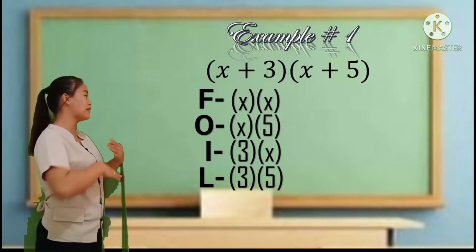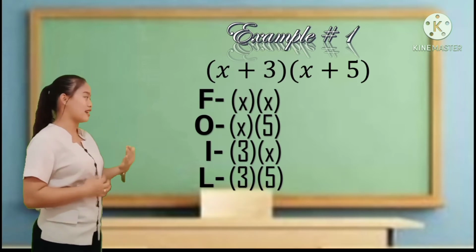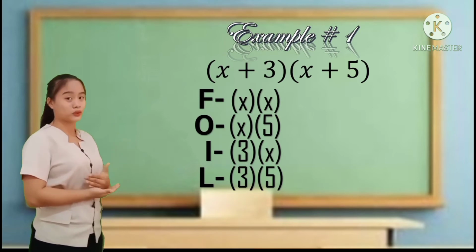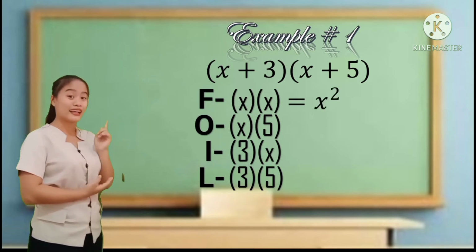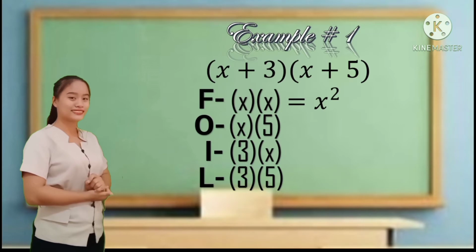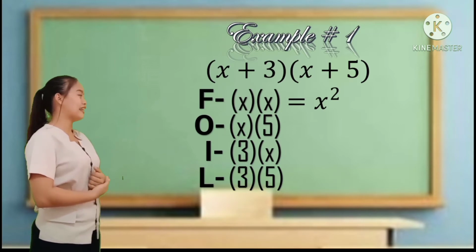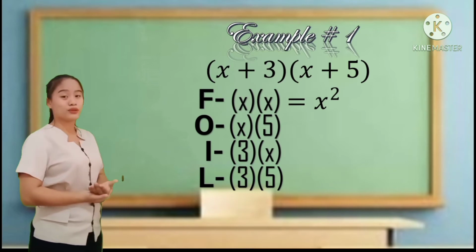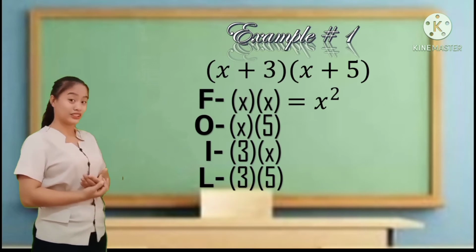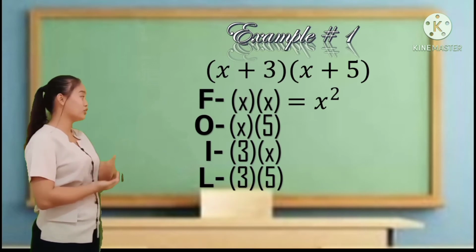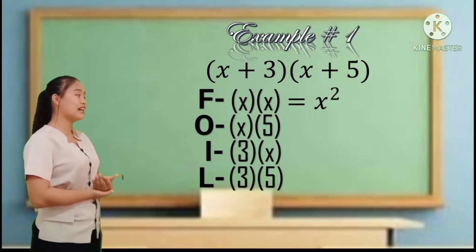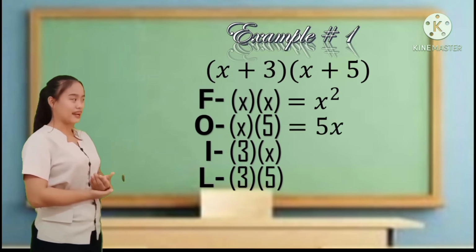So let's multiply x to x. x multiplied by x is equal to, at the exponent we have, very good, x raised to 2. Then x multiplied by 5, which are the outer terms, we have 5x.